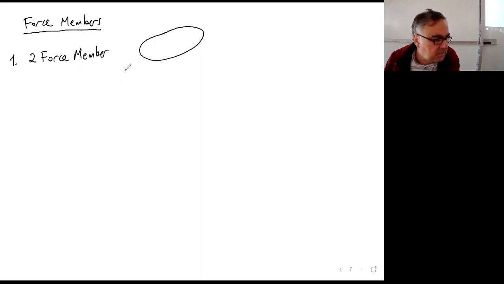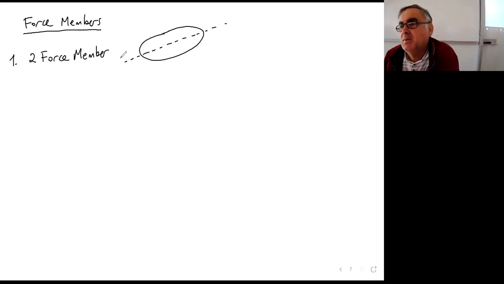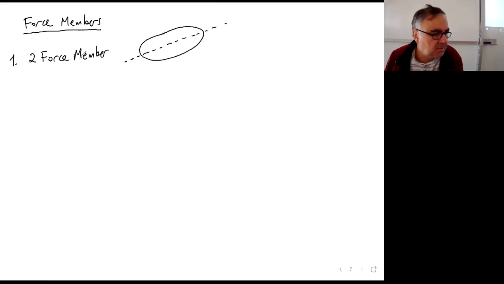If you know that there are just two forces acting on a member, how can these forces be? Well, this member is in static equilibrium, by the way. These forces have to be like this. There is no other way to achieve static equilibrium.